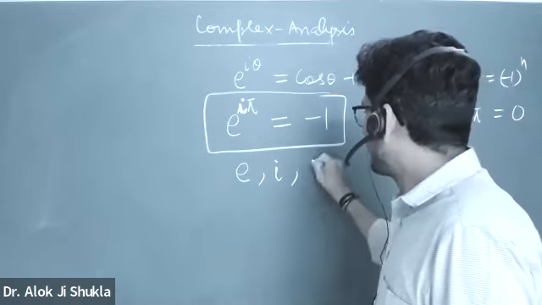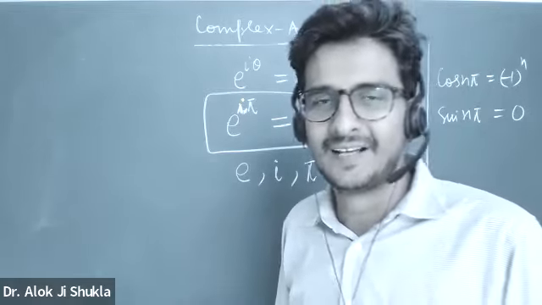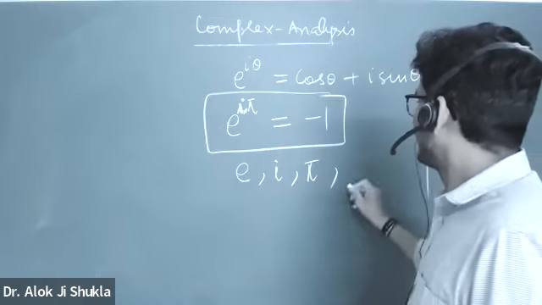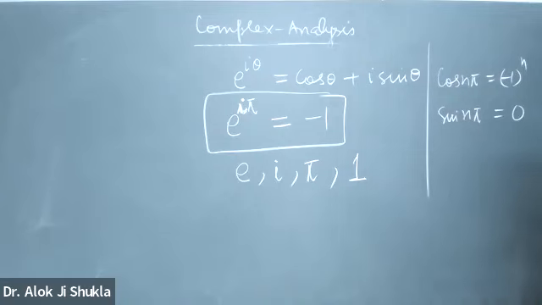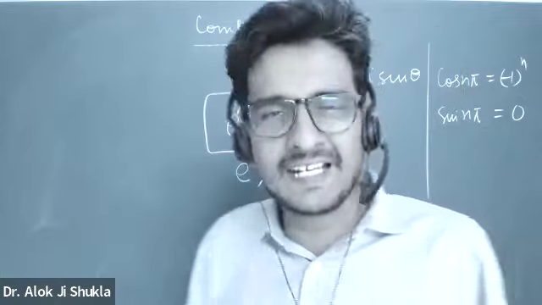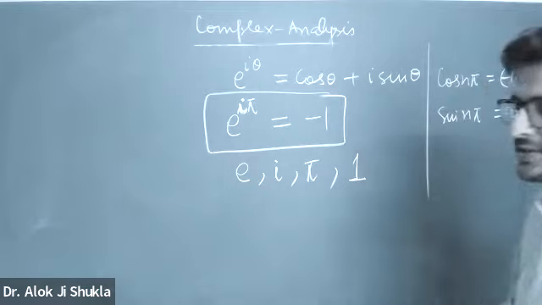It consists of pi. I don't know from where pi enters into everything. Everything we calculate, pi is there. And it consists of 1, which is a unit, real number. So all these fundamental entities of our calculations are present in a single equation.